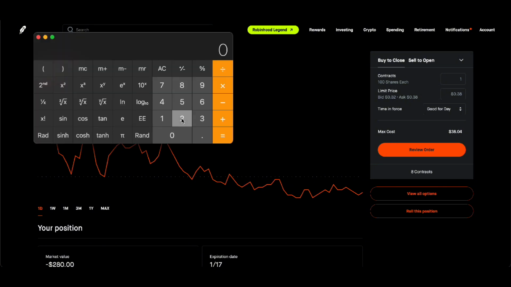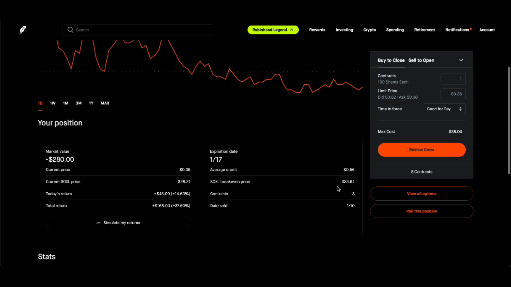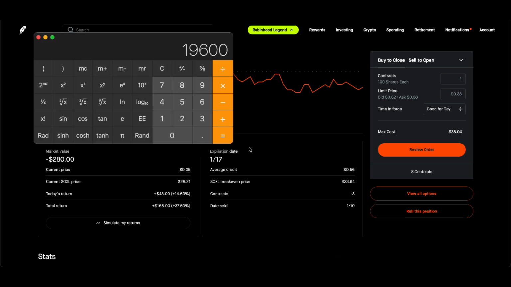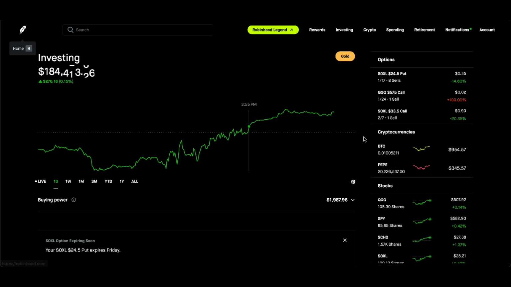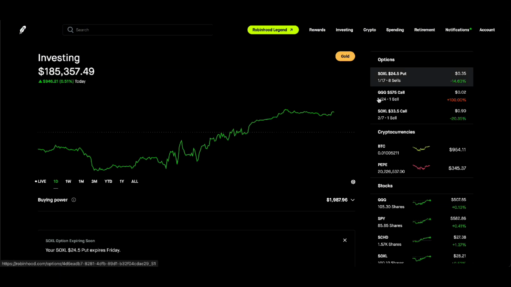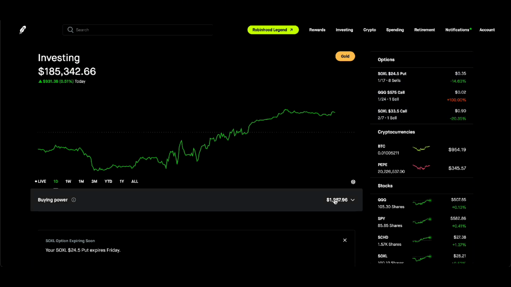If you do the math, $24.50 times 800 equals $19,600 that I have tied up of my money. I'm selling 8 contracts. So this is the amount of money that I have tied up with SOXL for a week's time. Once this is over, the money hopefully will be sent back to me and I will again sell a cash secured put and generate some passive income with that.